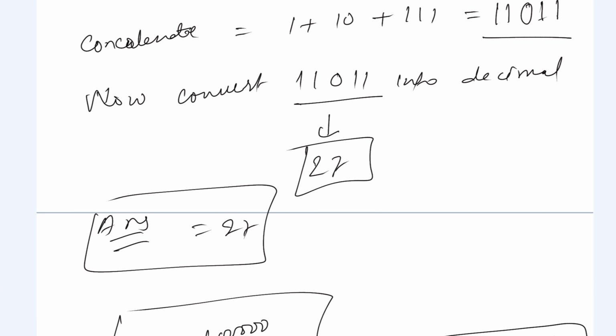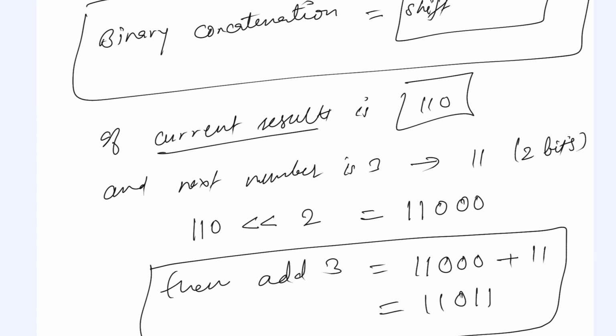So we take the value, first do the shifting, left shift, and then do the add.